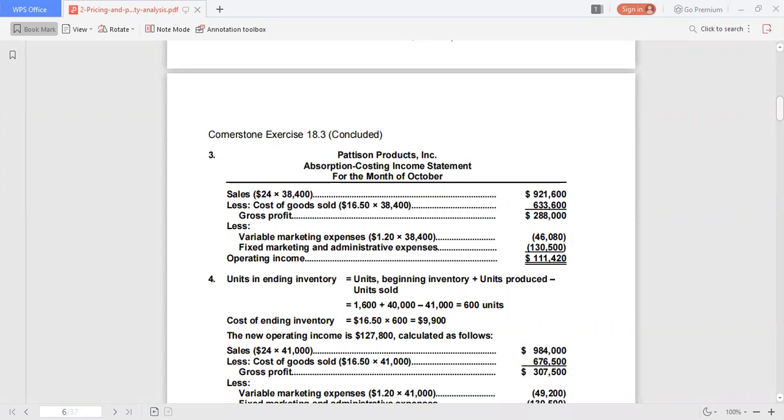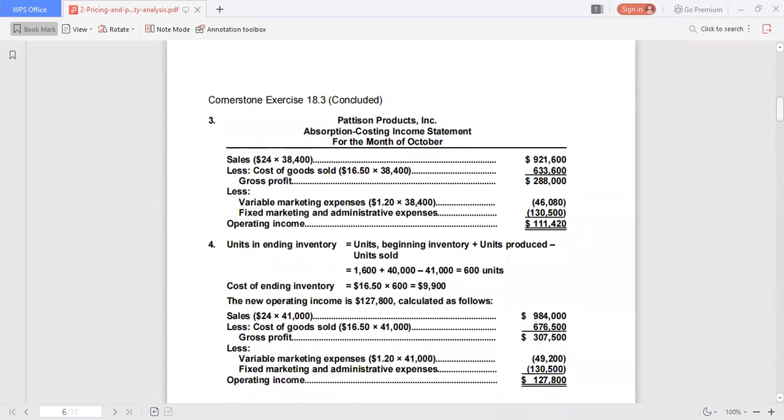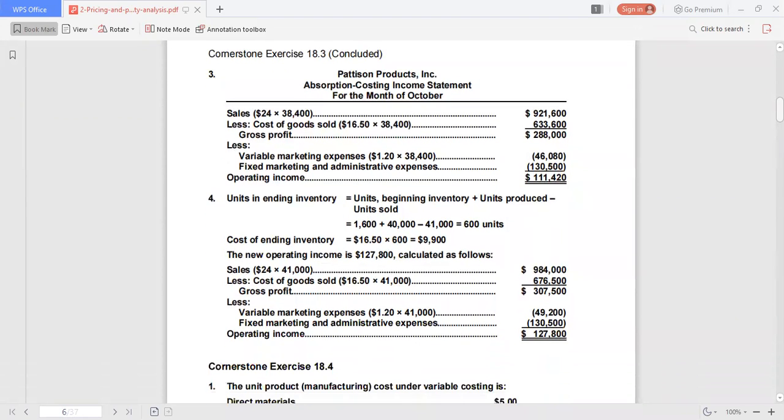Then number 4, we have to determine the units in the ending inventory for the month of November. On November 1, the beginning inventory is 1,600 units. Then we are adding production of 40,000 units again. Then we deduct the units sold of 41,000. That will now give us the gross profit.